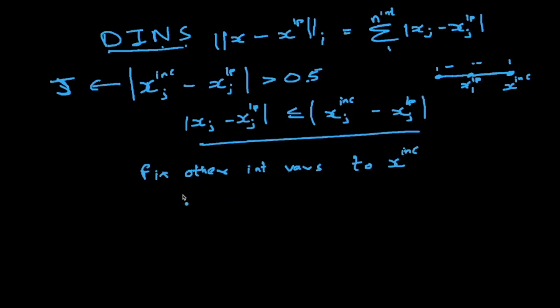Okay, and now we are going to add something more. We are going to add something from what we have seen before, crossover, and some part of RINS. So this is all inside DINS. We have already dealt with most of the integer variables, but now we are going to look at the binary variables.